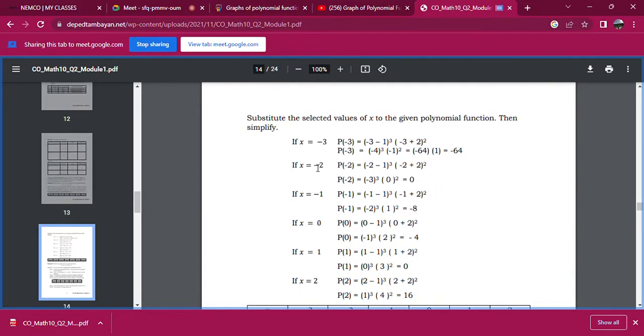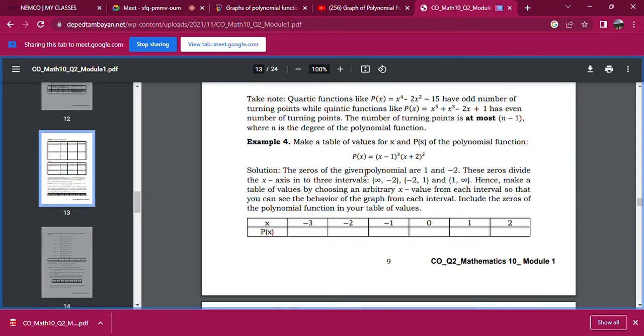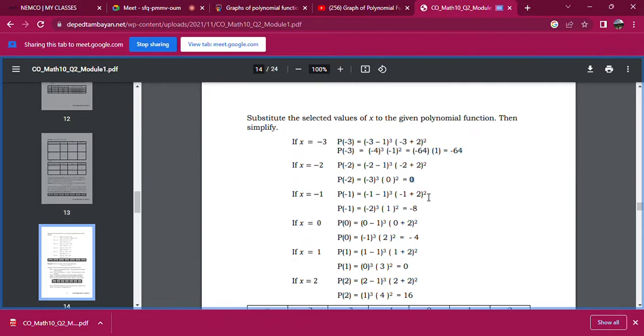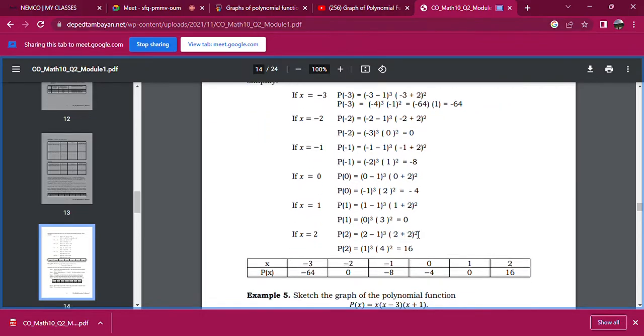When x is equal to negative 3, you get the answer negative 64. If x is equal to negative 2, your answer is 0. If x is equal to negative 1, the answer is negative 8. If x is equal to 0, the answer is negative 4. If x is equal to 1, then p of 1 is equal to 0.